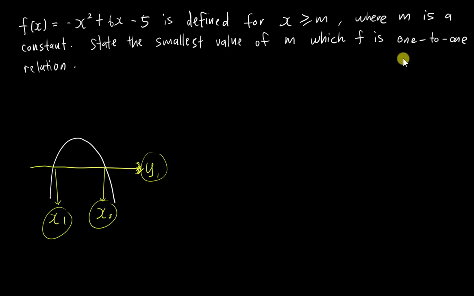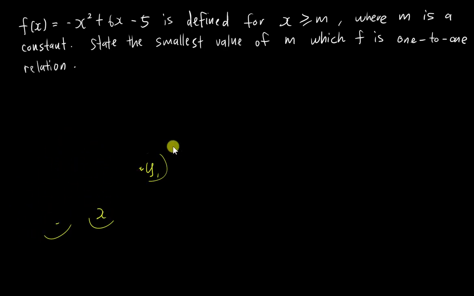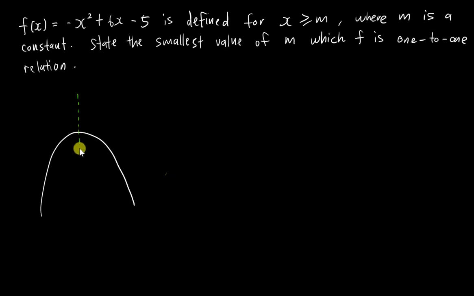So now the question is, how can we make this curve into a 1-to-1 relation? This is what I want to discuss today. If you look carefully at this kind of curve, in order to make it a 1-to-1 relation, I will split the curve in half at the maximum point or the minimum point, depending on whether it is u or n shaped.